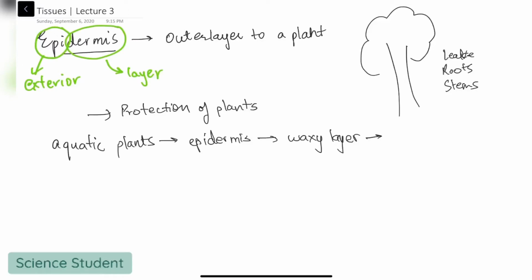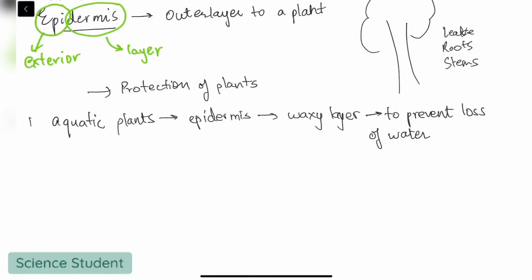Why a waxy layer? To prevent loss of water. So this was the first example of the use of epidermis.